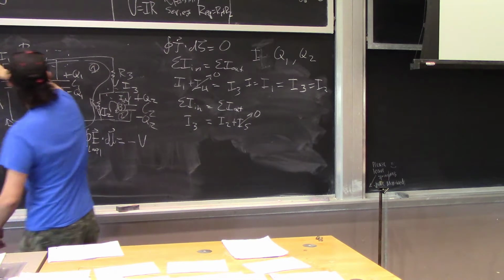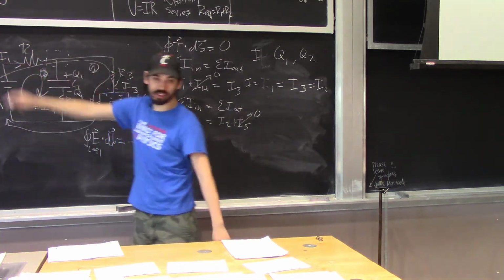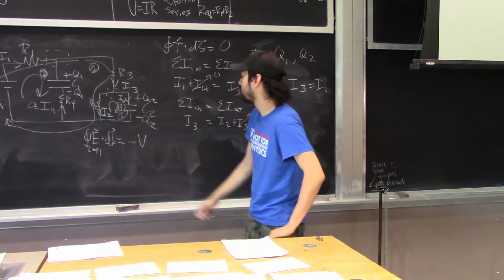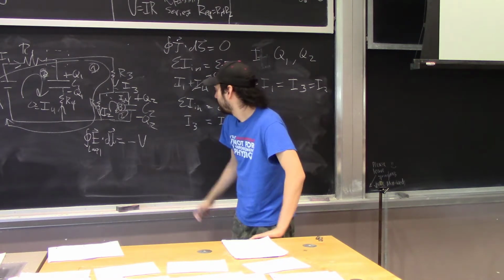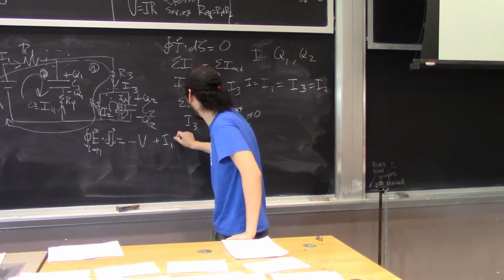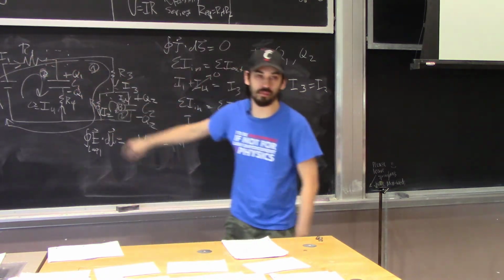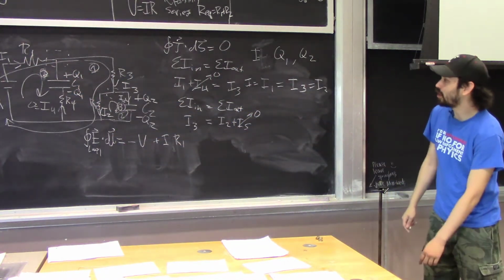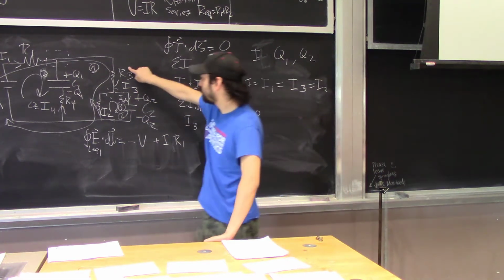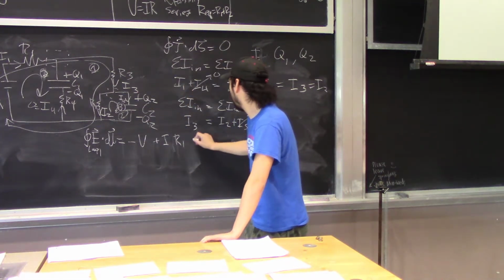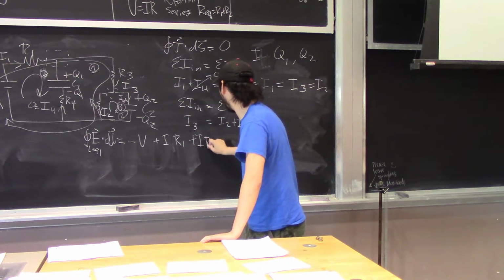Okay, so negative. Now I'm going this way, same direction as the current. This is going to give me a contribution that says what? Plus I1 R1, and we're already saying that all the currents are the same. I'm just going to leave this as I times R1. Okay. Next piece. Plus I R3.